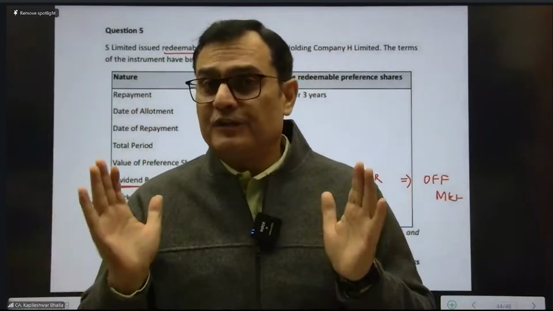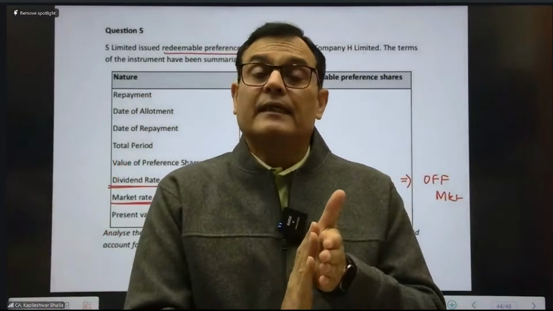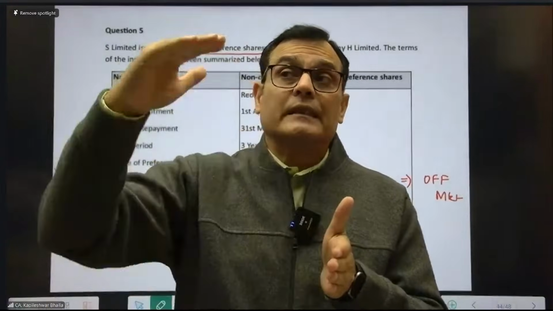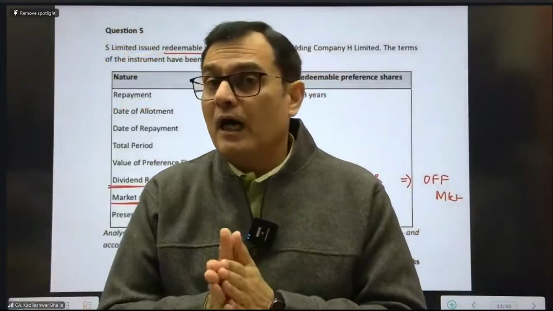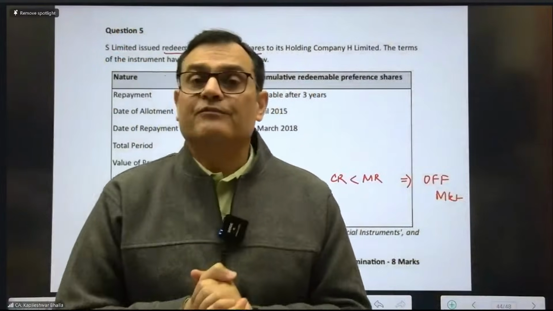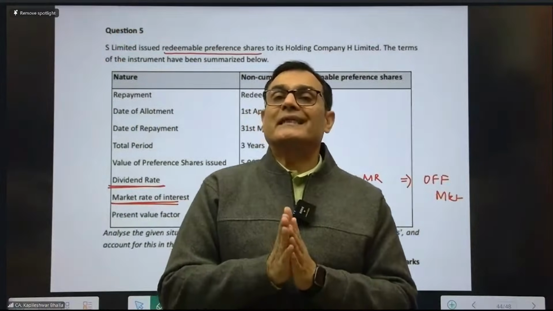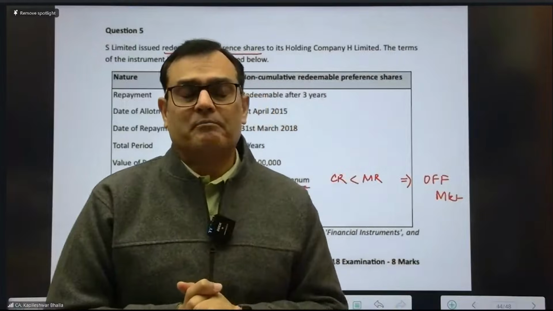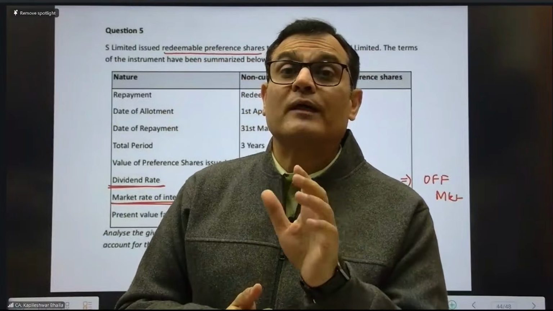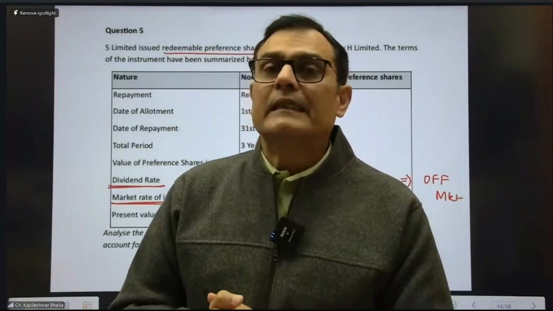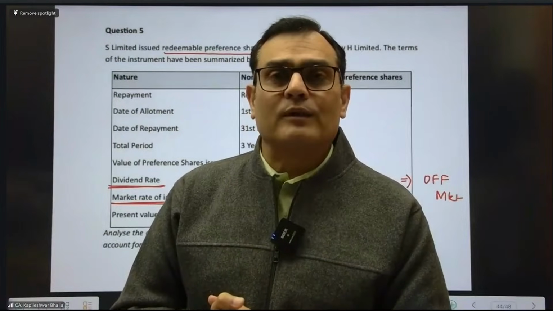So moral of the story, if I correlate my 3 steps: step number 1 is to see whether the transaction is at market terms or off-market terms. How do you compare that? If the contracted rate is equal to the market rate, it's at market terms. In those cases, the transaction price and fair value are the same. Second, if it is off-market terms, when would that happen?